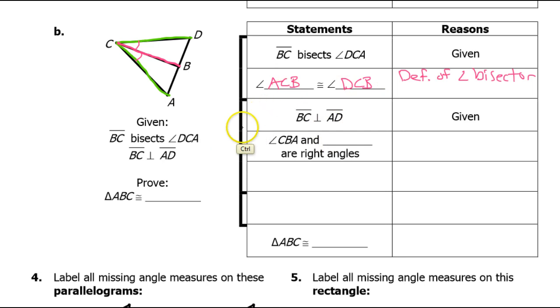Okay, and then we are further given that BC is perpendicular to AD. Alright, so here's AD. So if it's perpendicular, by definition that means that CBA and CBD are right angles. That's just the definition of perpendicular working for you.